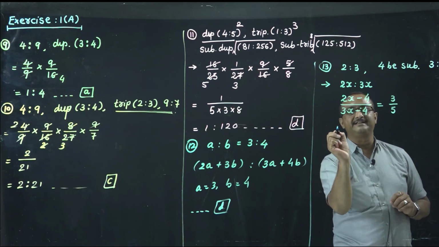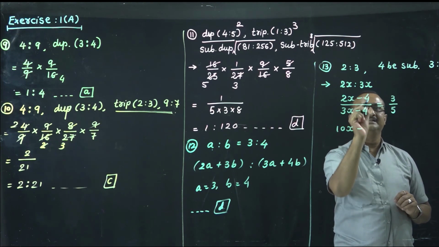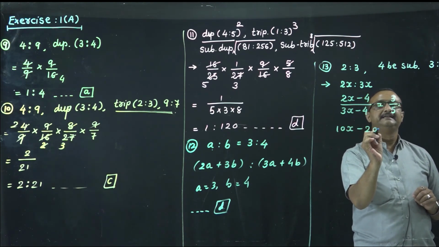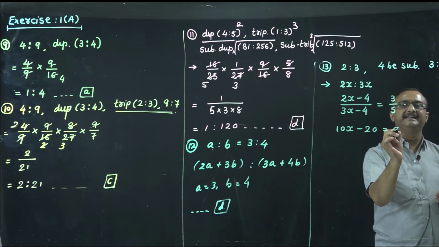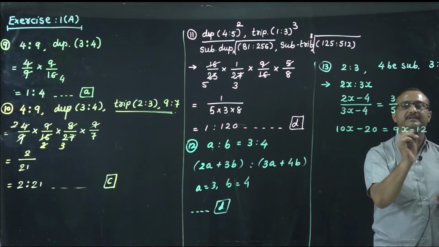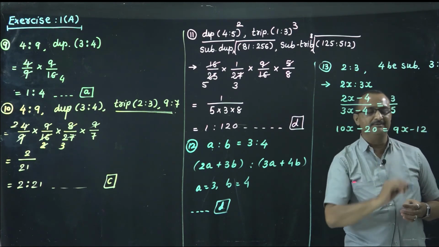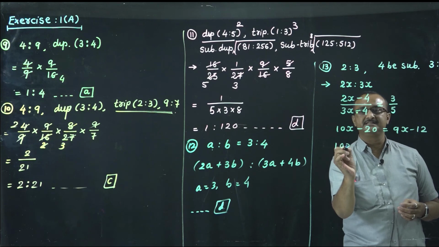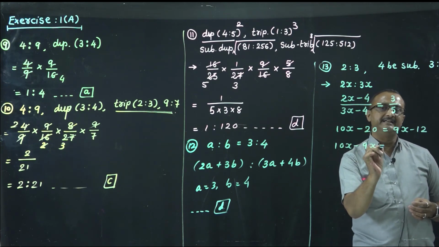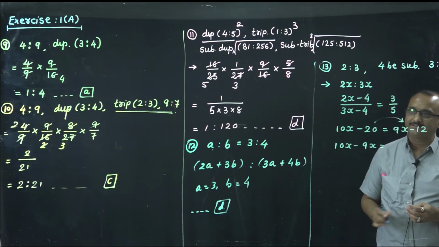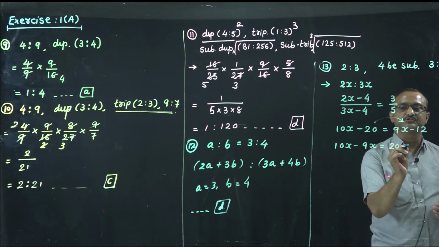Like 5 2s are 10x minus 5 4s are 20 is equal to 9x minus 12. Moving 9x here, so 10x minus 9x, and moving 20 to the right side, we get 20 minus 12.